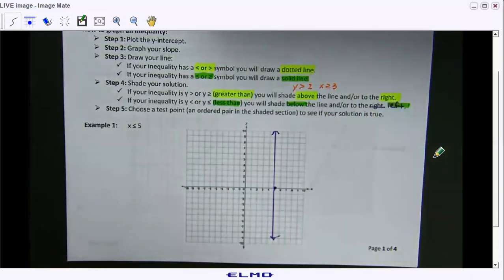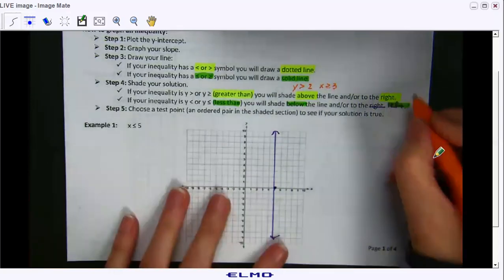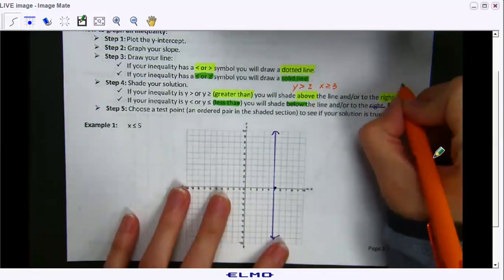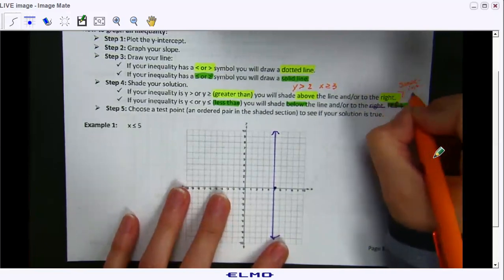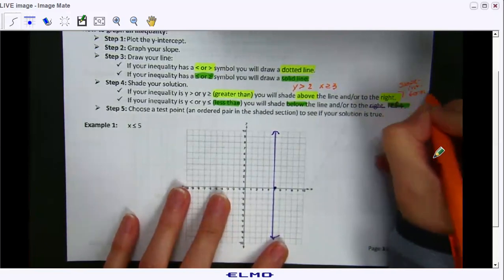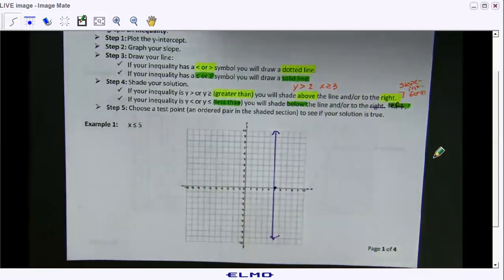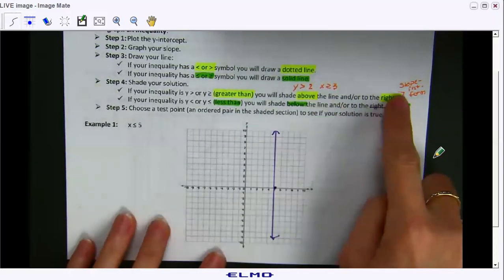And to the right or the left, these would be like in slope-intercept form equations. So that was something that my other classes had a hard time deciphering, and I'll come back to these notes in just a minute.